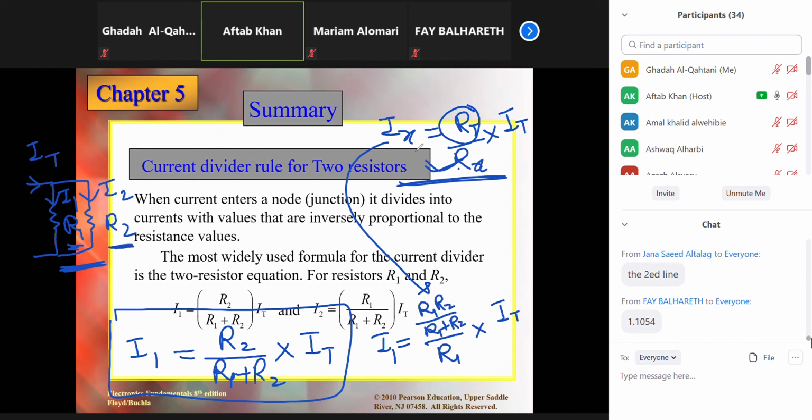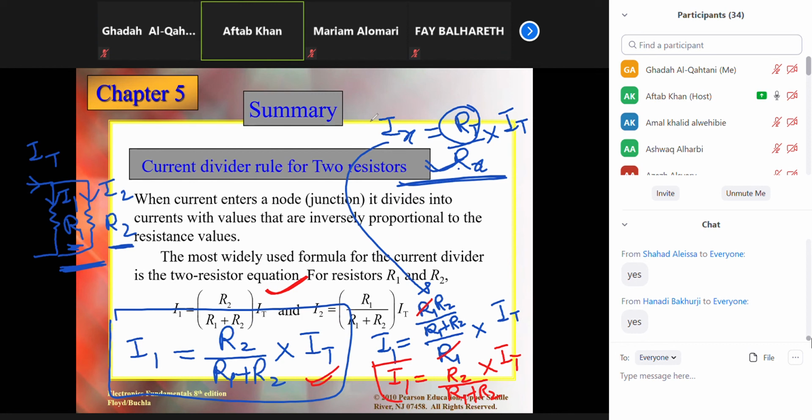Am I right, girls? Product over sum when two resistors are in parallel, right? So this R1 will cancel this R1, and when you rewrite it, it is going to be written like that: R2 over R1 plus R2 multiplied by IT. It is derived from the general formula itself, but it looks simple.